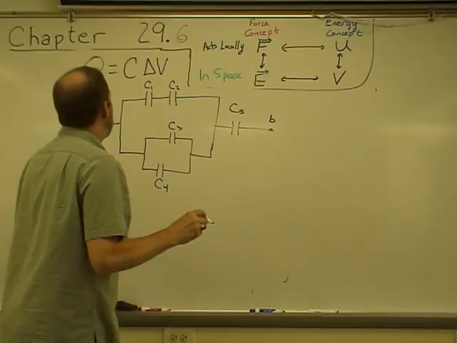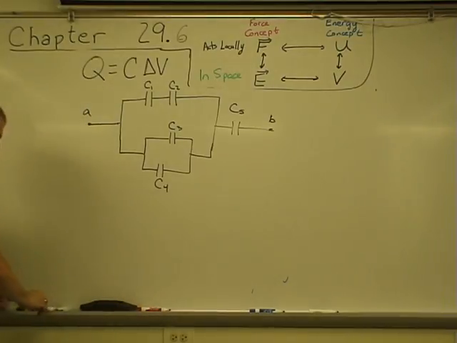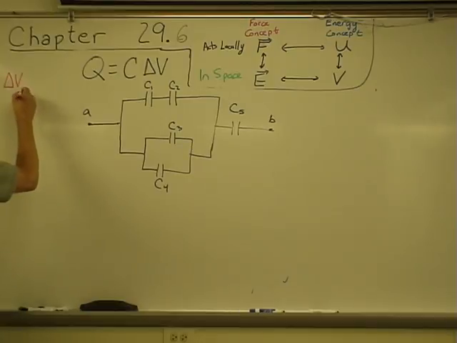And let's suppose that I know that delta V between point A and point B is 24 volts.